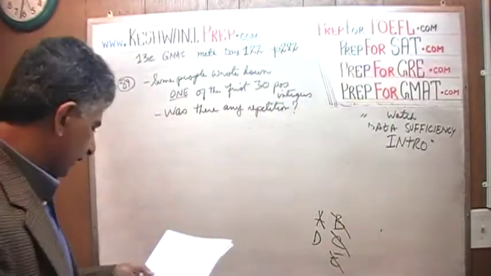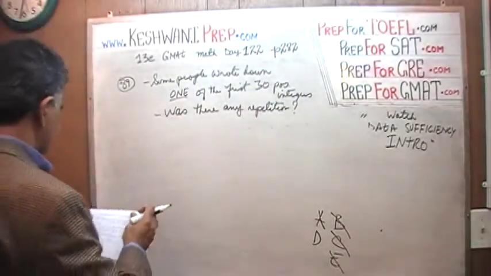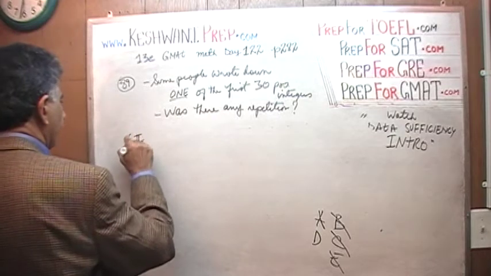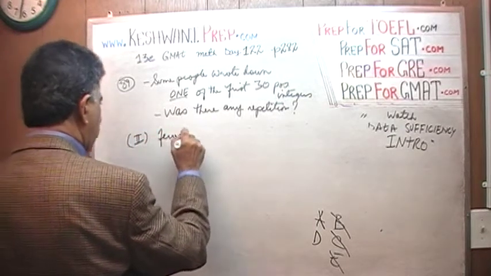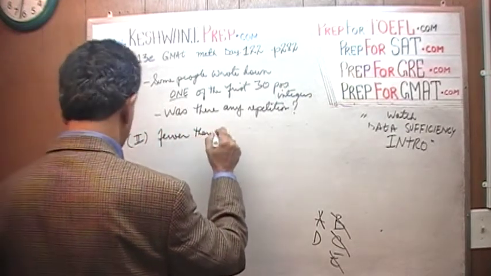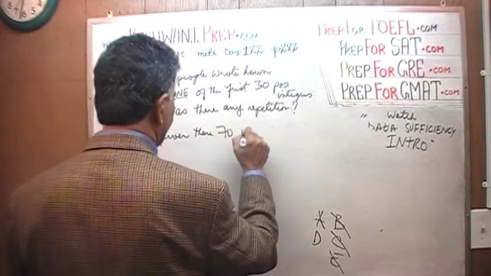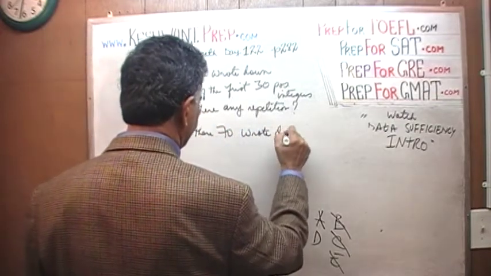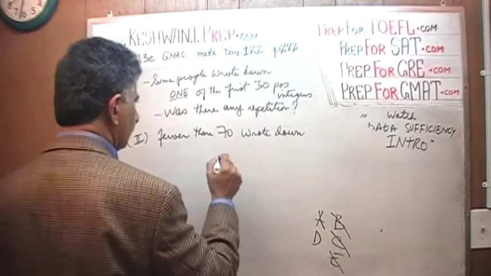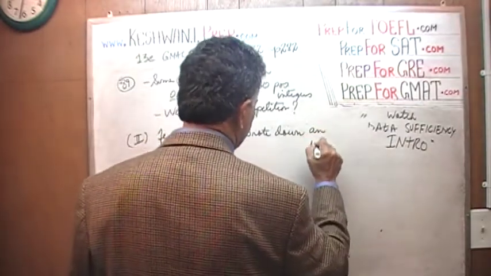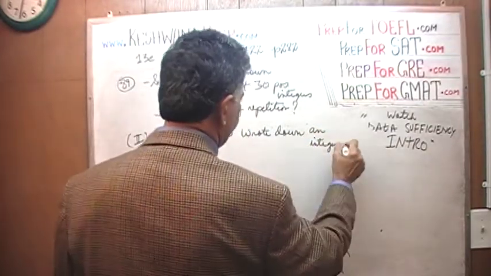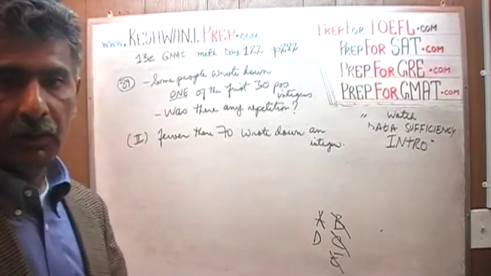In the second statement, they tell us fewer than 70 wrote down an integer. Fewer than 70 wrote down an integer.